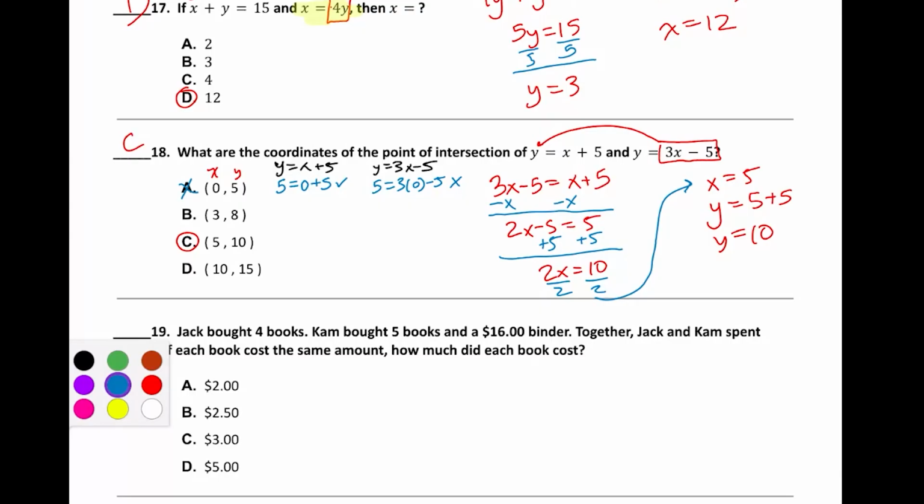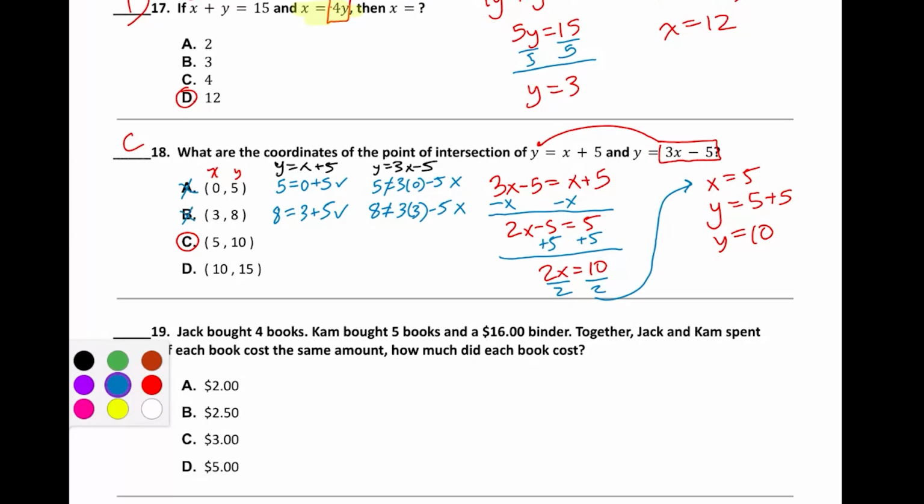Just make sure that you're trying them both out, because it's very likely that one will work, but the other one won't. Like with this next one, 8 is 3 plus 5. That checks out. But 8 does not equal 3 times 3 minus 5. 9 minus 5 is 4, so that doesn't work. So we know it can't be B.